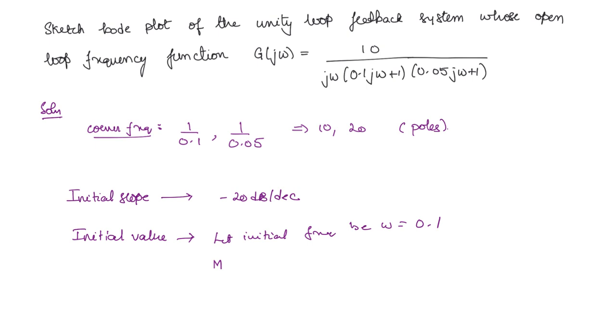Then what will be the magnitude at omega is equal to 0.1? This will only correspond to the gain and the pole at origin. So 20 log k, which is nothing but k is given as 10 here, minus 20 log omega. Okay. So if you substitute omega is equal to 0.1, it will give you 40 dB.